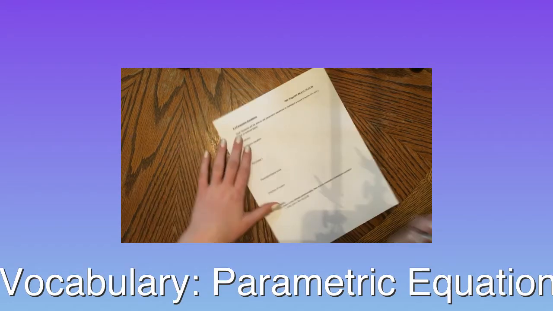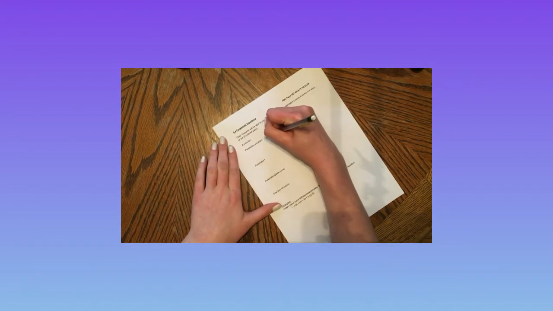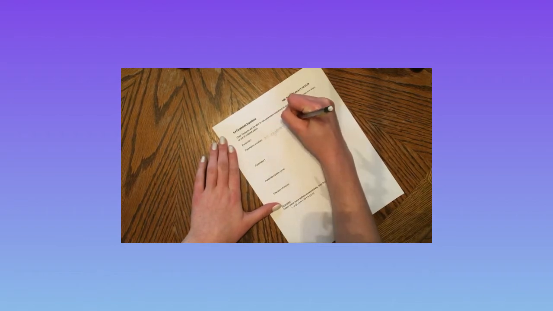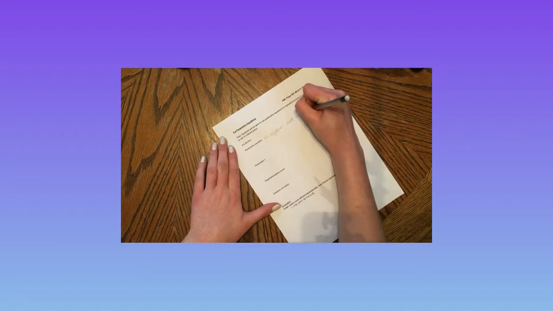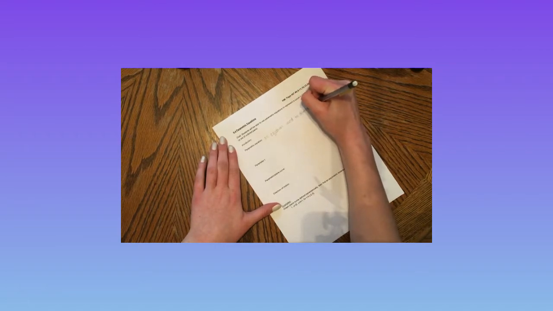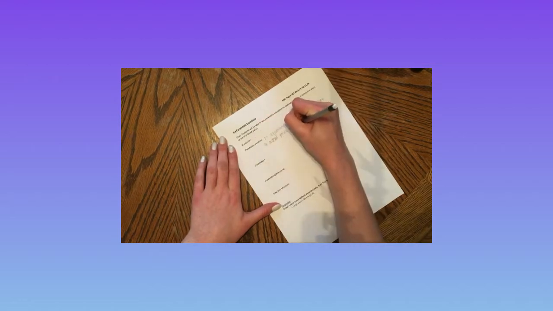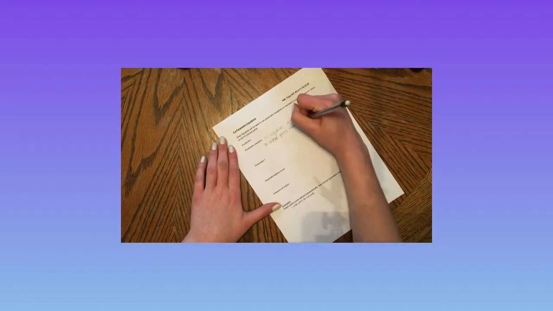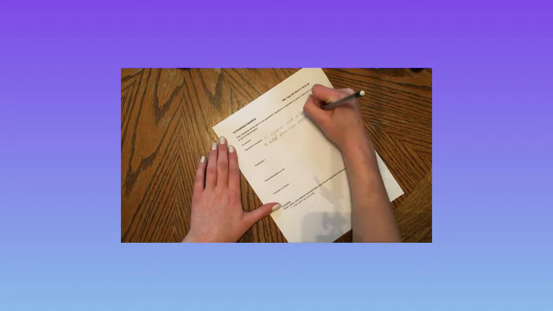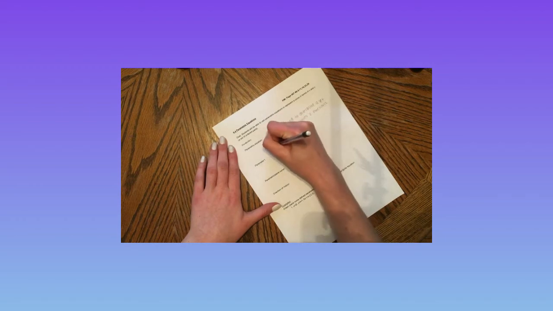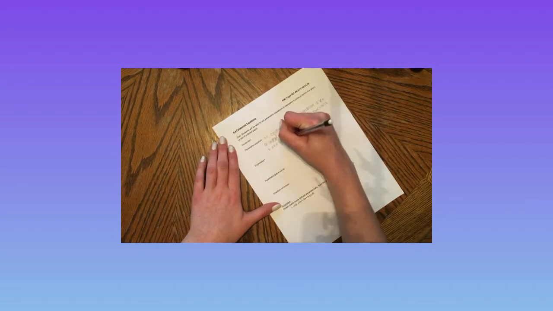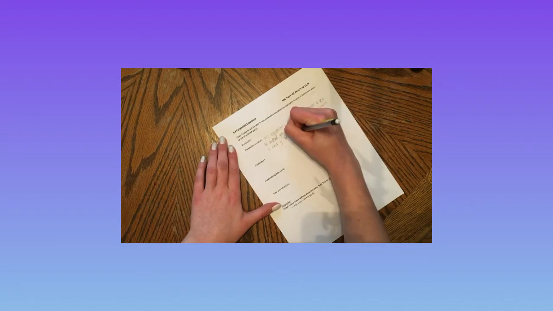So, a parametric equation is an equation used to determine a set of ordered pairs that involves two functions f and g. And these are both going to be in terms of the parameter t.